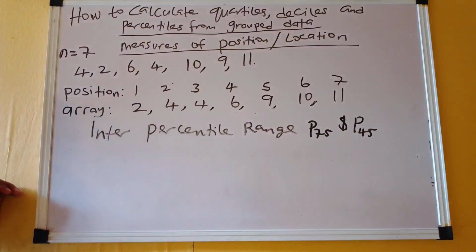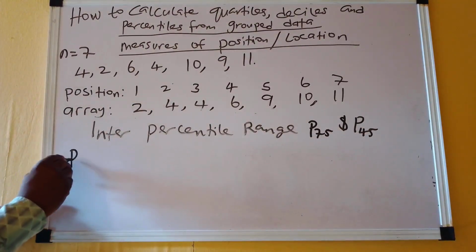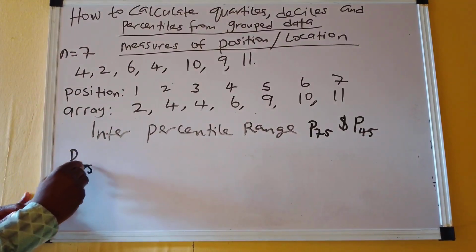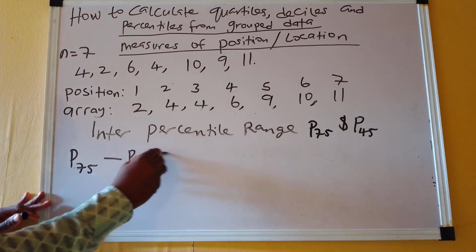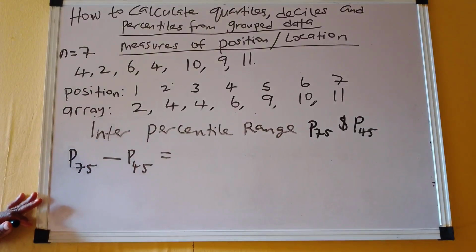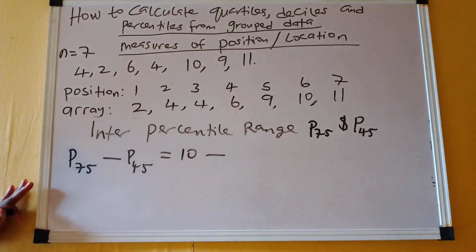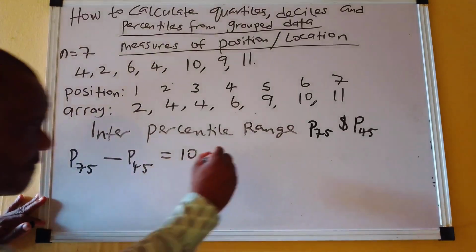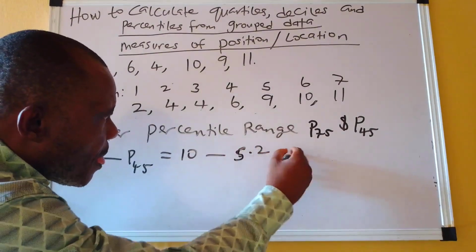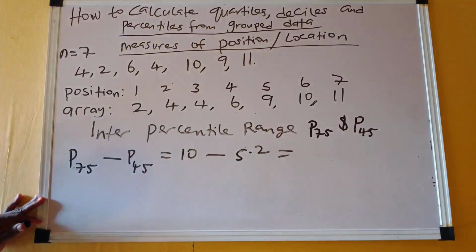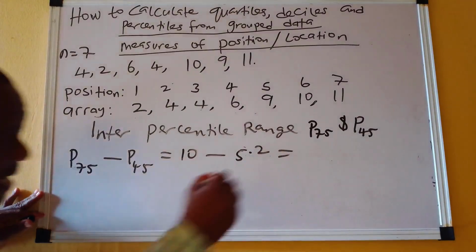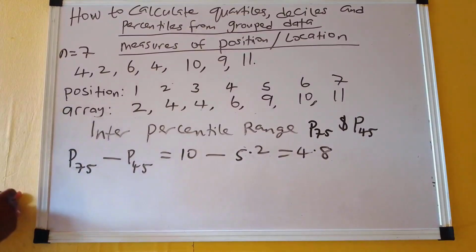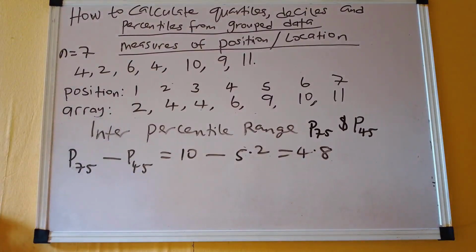You also calculate the 45th percentile. So this will simply be P75, the higher one, minus P45. And the P75 that we calculated is 10 minus our P45 that we calculated earlier, which is 5.2. And this will be equal to 4.8. So the interpercentile range between the 75th and the 45th percentile is 4.8.